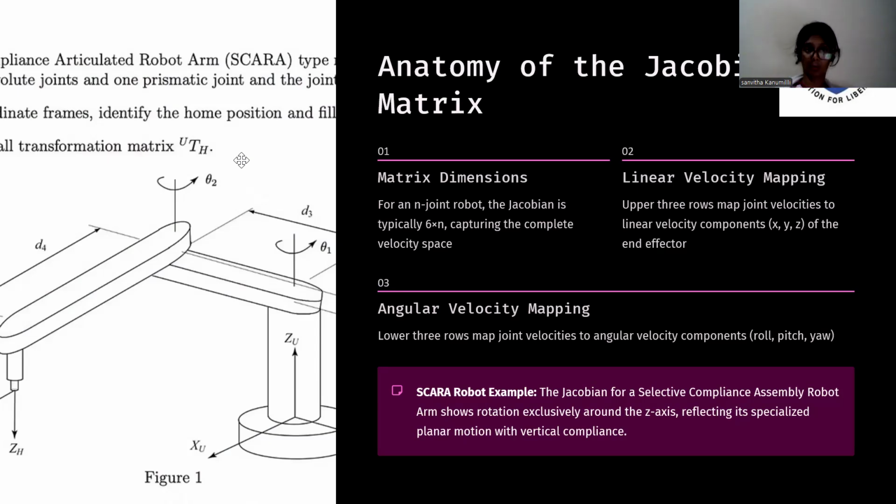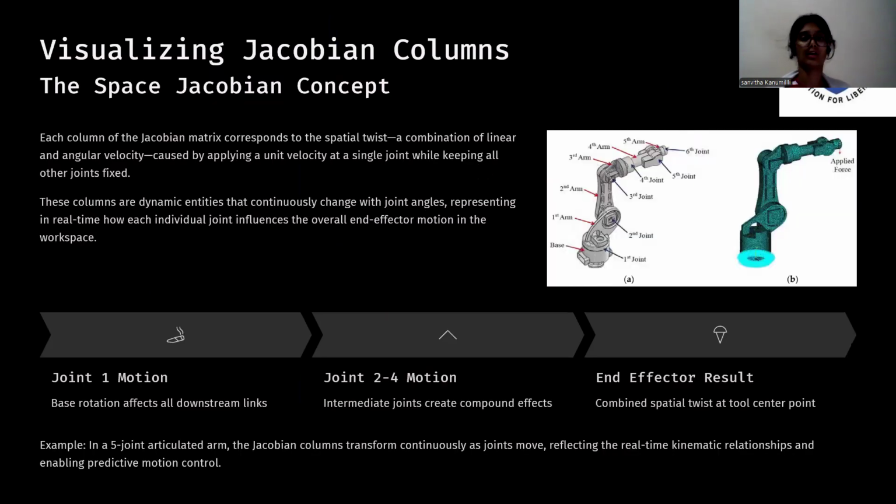So there is a robot called SCARA, and for that the Jacobian is exclusively around the z-axis. It reflects the specialized planar motion with vertical components, and this happens only due to the Jacobian anatomy of a matrix.